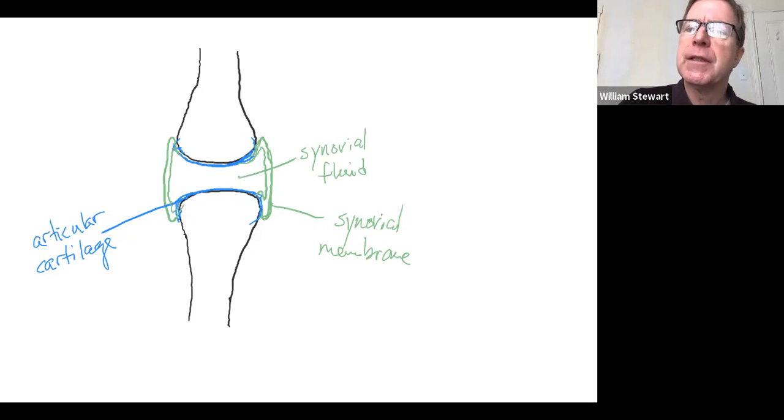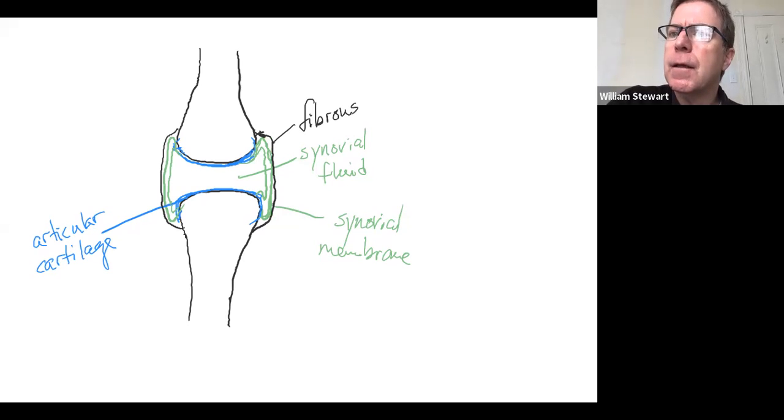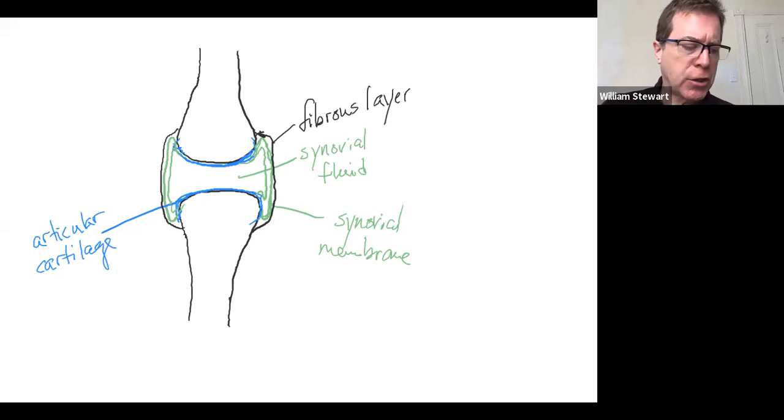Then there's a fibrous layer on the outside of the synovial membrane. So I'm going to use black to define this fibrous layer here. It encloses the cavity. That's not the most superficial layer of fibrous tissue.